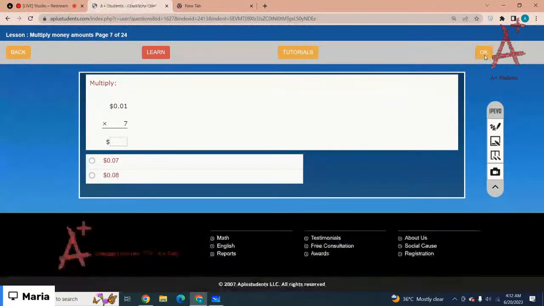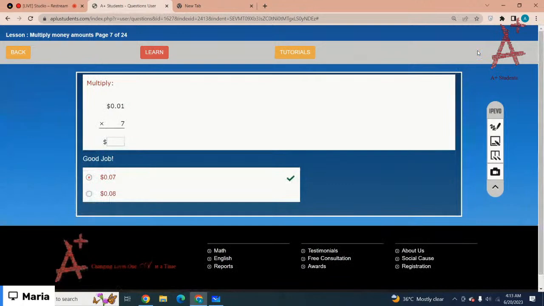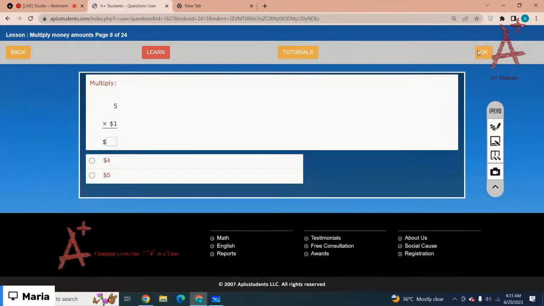Okay, the next one is 7 times 0.01. So which is the correct option? 1 times any number equals the same number. So 1 times 7 is 7. It would be 0.07. Got it? Okay, 5 times 1.